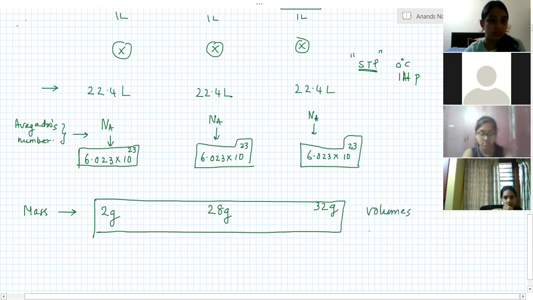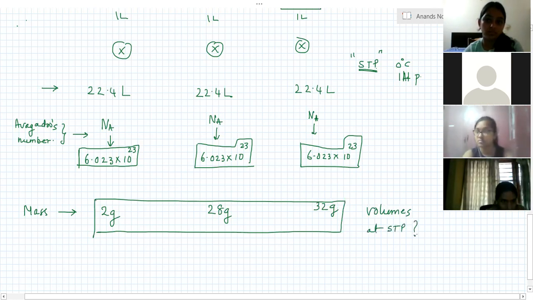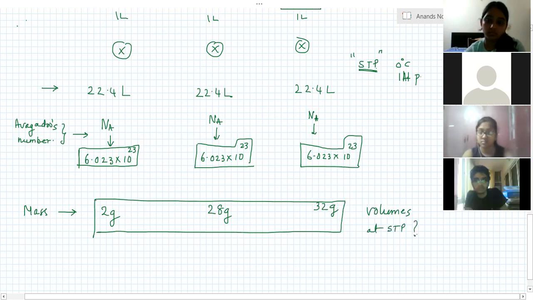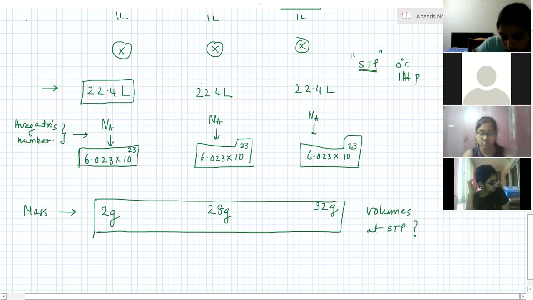Any guess? They will be equal. They will all be equal, and they are all equal to 22.4. That is why this 22.4 is very important.